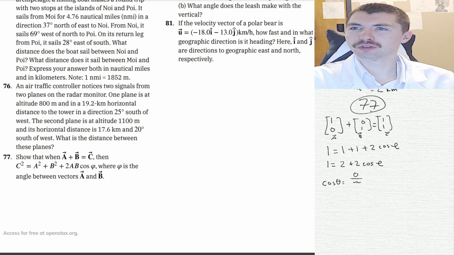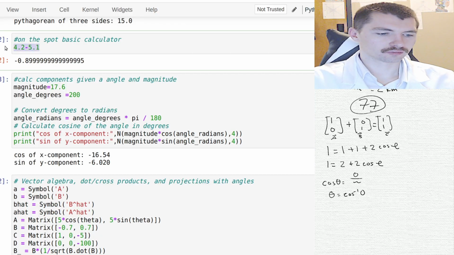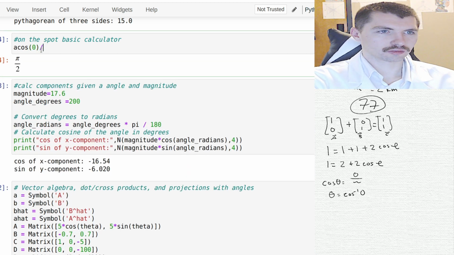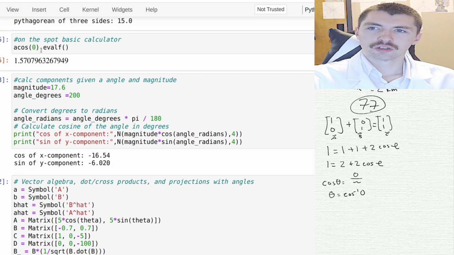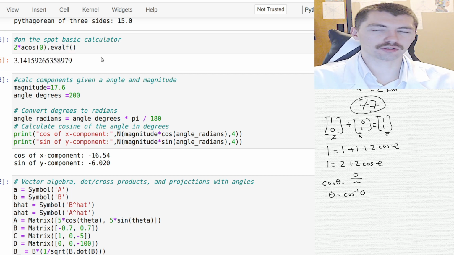A dot B is 0 plus 0, so 0. So theta is cosine inverse of 0. Okay. 2 times that is 3.